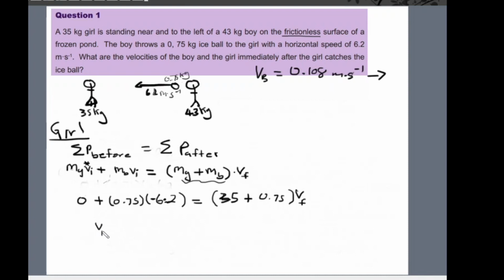So the final velocity now will be 0.75 times 6.2, and that is 4.65, right? So here, negative 4.65 divided by 35.75.